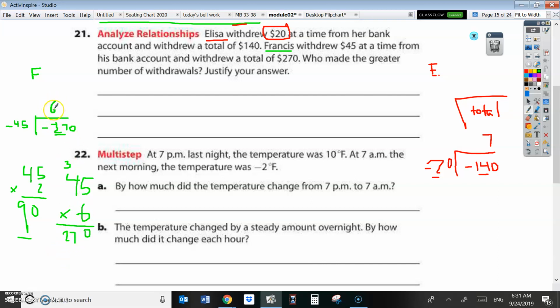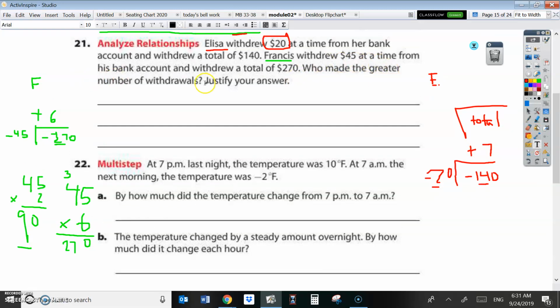So that's 6 because a negative divided by a negative is a positive. And over here, negative divided by a negative is a positive. So it looks like who has made the greater number of withdrawals?